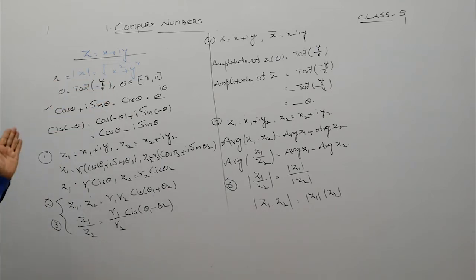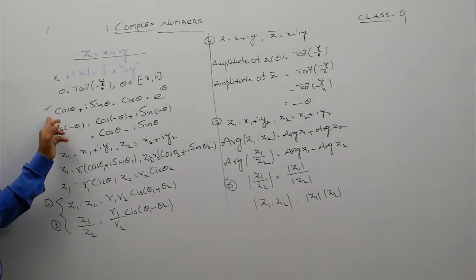The conversion of a complex number into mod amplitude form, or we can say polar form, because for every ordered pair x comma y there exists another pair r comma theta which satisfies the same conditions, and hence r comma theta are called polar coordinates. That's why this is also called polar form, or we can use the word mod amplitude form.